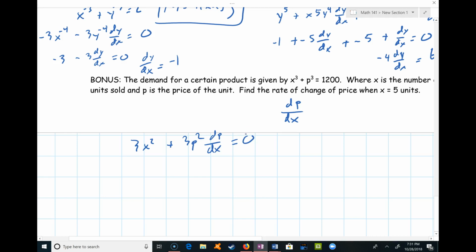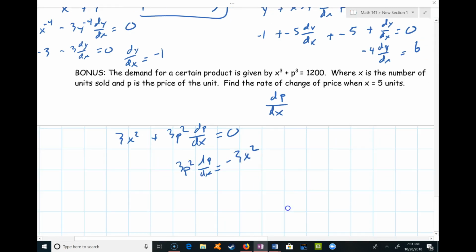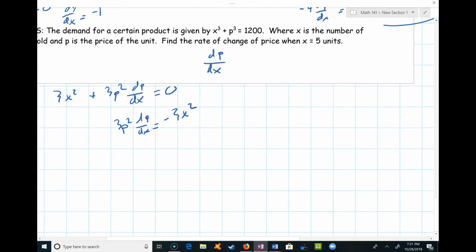So then if I move 3x squared over, we would get 3p squared dp/dx is equal to negative 3x squared. Divide both sides by 3p squared. Of course, the 3s will cancel out, and I get dp/dx is equal to negative x squared over p squared.